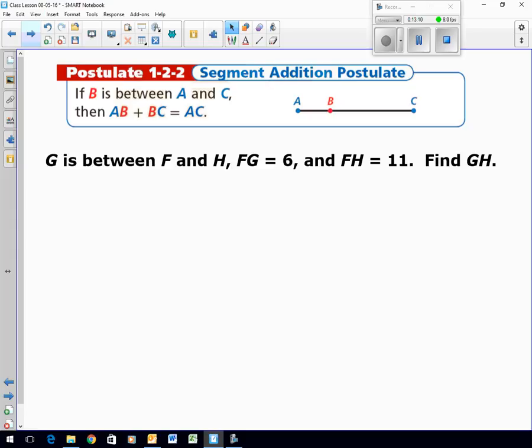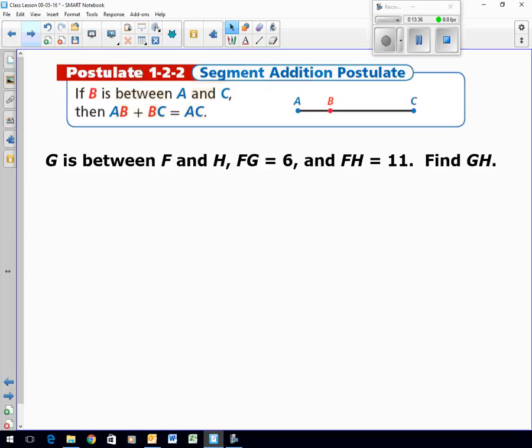Austell is the midpoint between Tallapoosa and Atlanta, right? Remember, midpoint cuts a total distance in half. If the entire distance would be 40, and I've cut it into two congruent, or identical, 20-mile sections, that means I have found the midpoint.